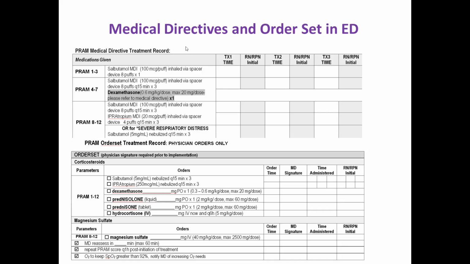In the emergency department, we have built PRAM scoring into triage that allows nurses, based on the score, to implement medical directives. For example, if the child has a PRAM score between 1 and 3, then nurses in triage can administer Ventolin with a spacer, 8 puffs, right there.